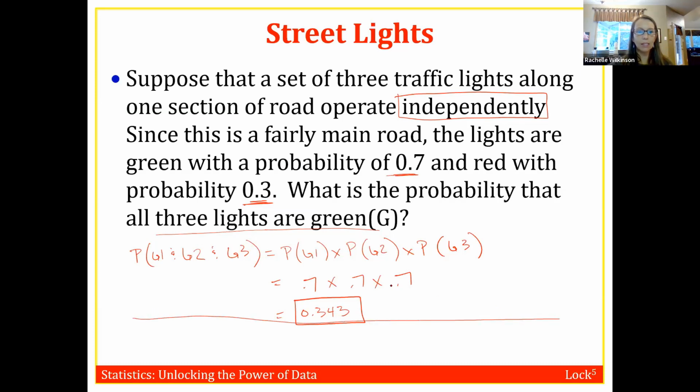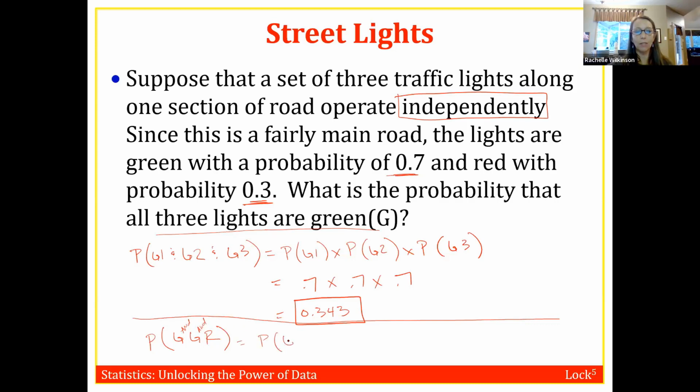The second example is, what's the probability that the first 2 lights are green, but the third light is red? So we're basically looking for the probability of a green and a green and a red.